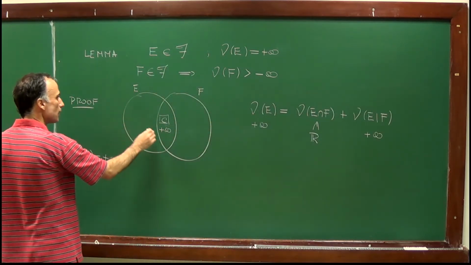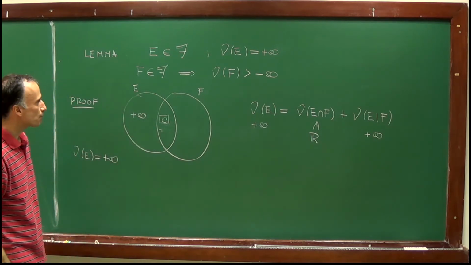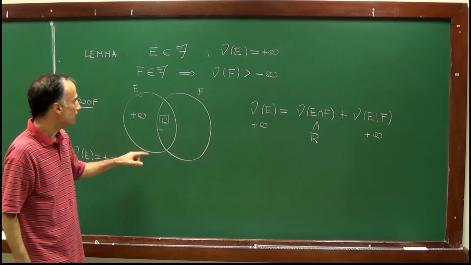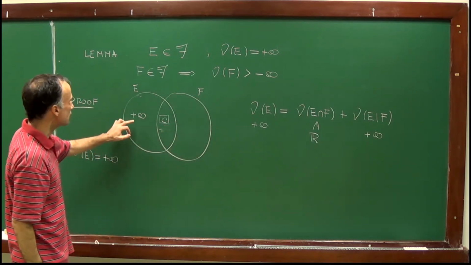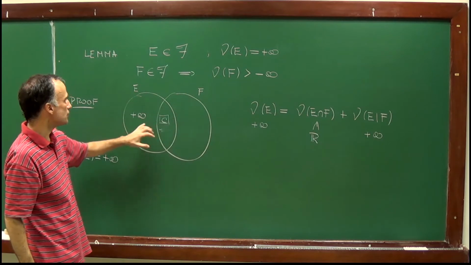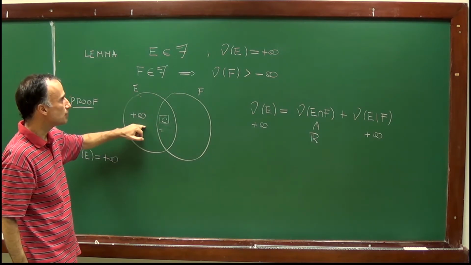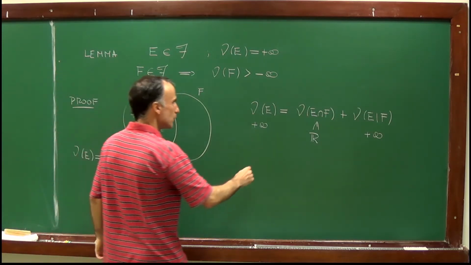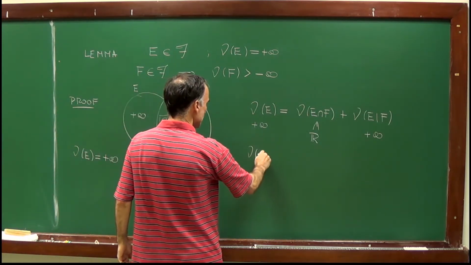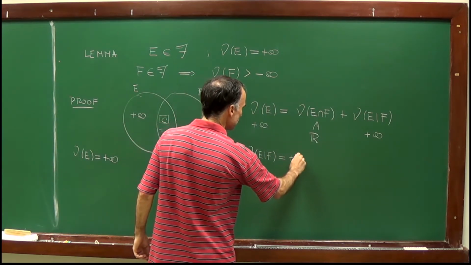So this means that the measure of E minus F is plus infinity, and therefore the measure of F, which is disjoint from E minus F, cannot be minus infinity. Because we know that the measure of E minus F is plus infinity.